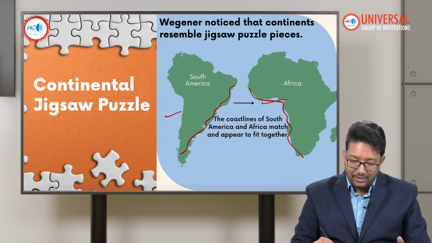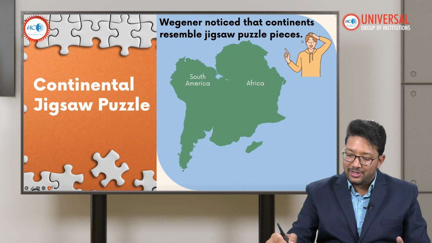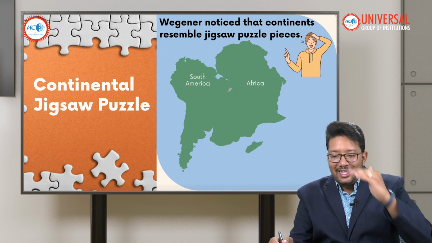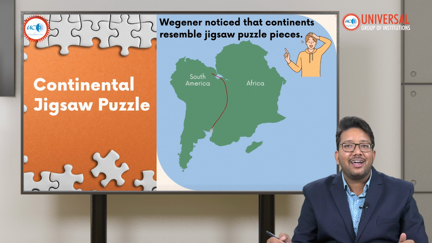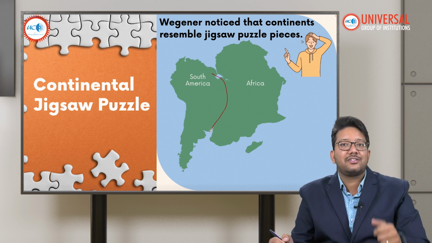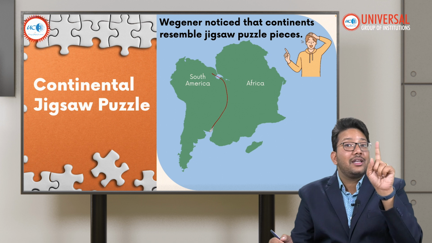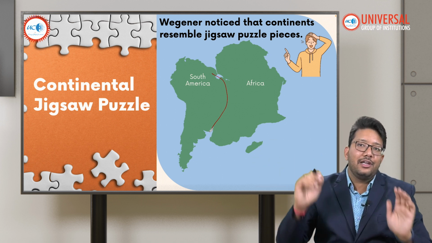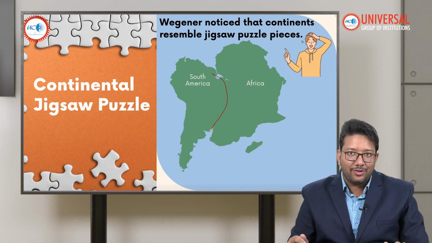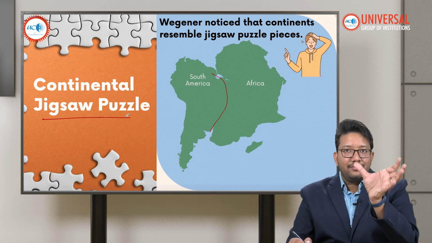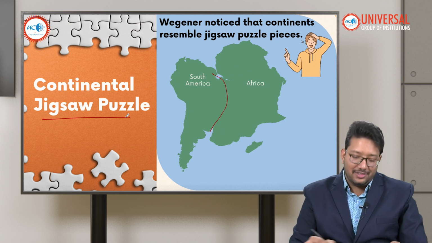He combined these two like this. Can you see this? South America is totally fitting into Africa. That was his first theory, that earlier the continents were one, then they drifted apart from each other. This puzzling is called the jigsaw fit.